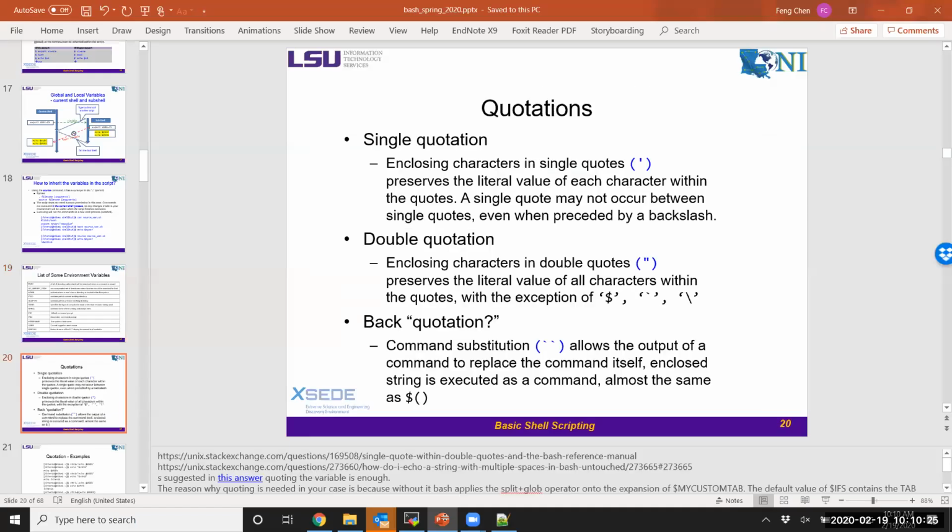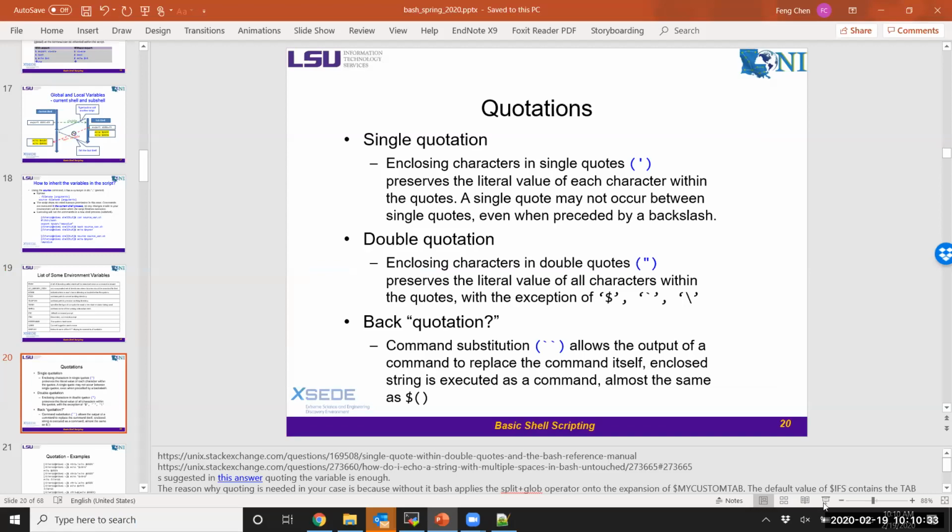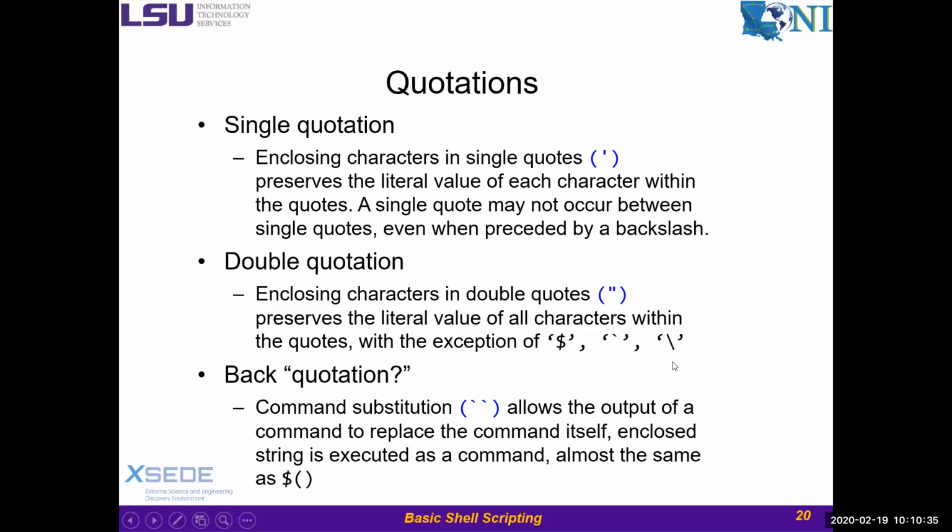We have talked about how to inherit variables, so let's talk about quotation. Quotation is also an interesting part in Bash. There are three types of quotations: single quotation, double quotation, and backtick quotation. The single quotation is also called strong quotation.